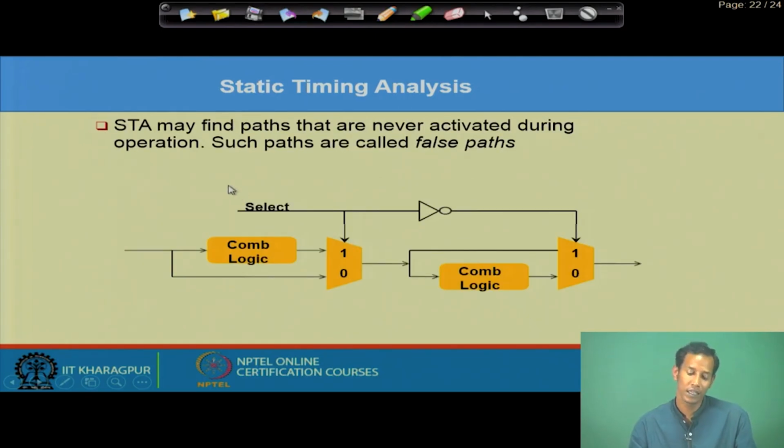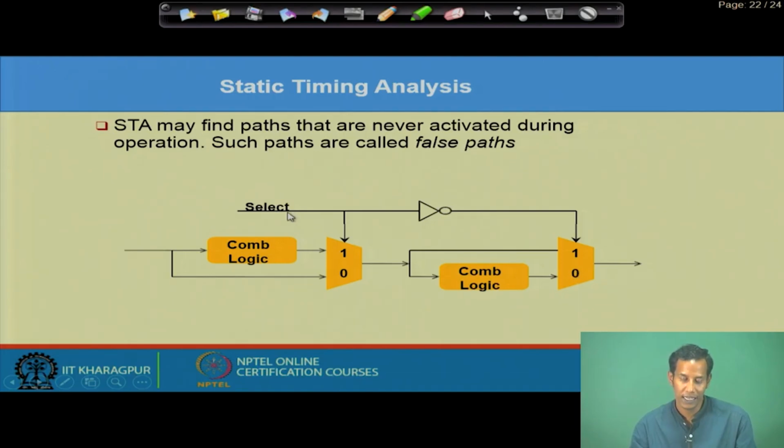Now STA, that is static timing analysis, may find paths which are never activated during operation. Such paths are called false paths. An example of a false path is when we have two combinational logic paths, each having a 1 and a 0 input.